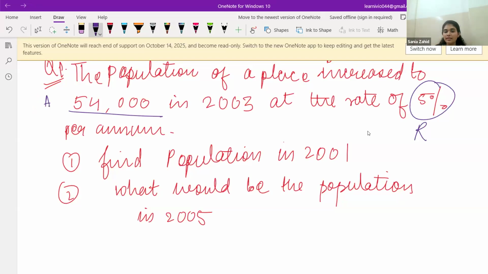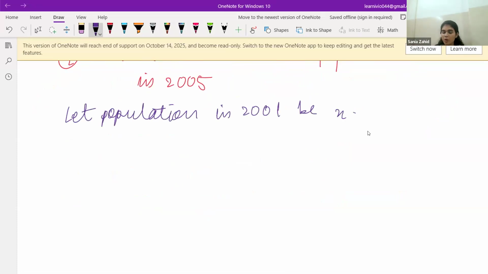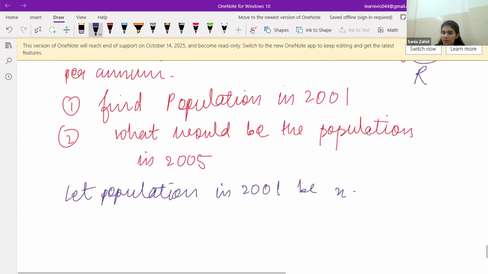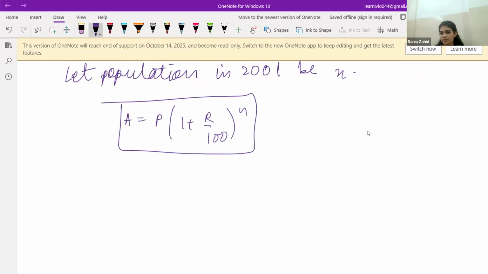Like after increasing, let's suppose initially, let the population in 2001 be X. If the population in 2001 is X, then what happens? Amount is equal to, see what was the formula? Amount is equal to principal into 1 plus rate upon 100 whole power n. This is the formula, isn't it?